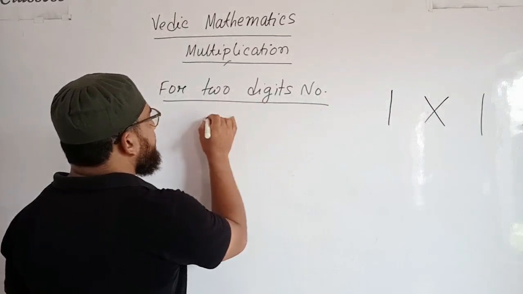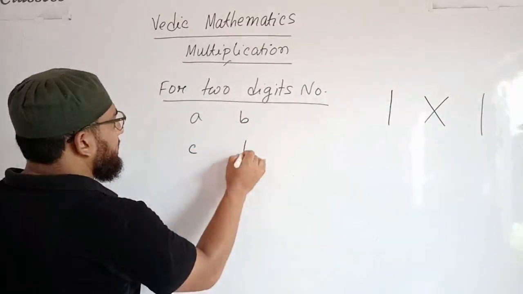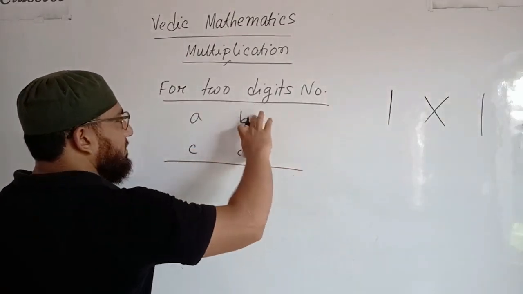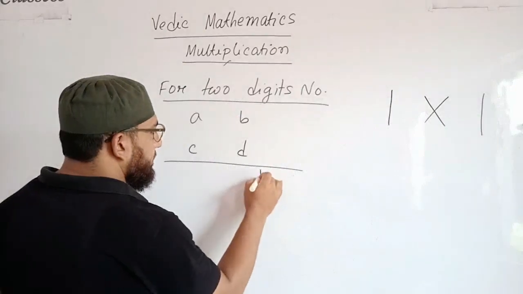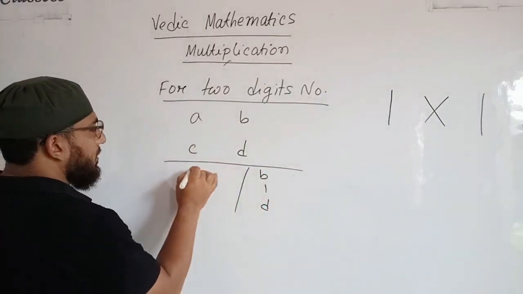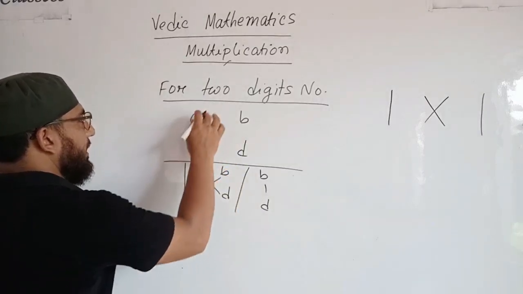Suppose you have the numbers AB and CD. First multiply B into D vertically, BD, then crosswise AD plus BC, then again vertically AC.